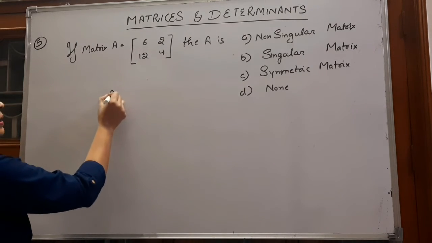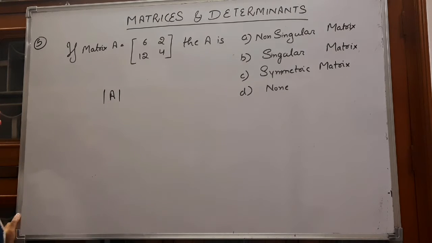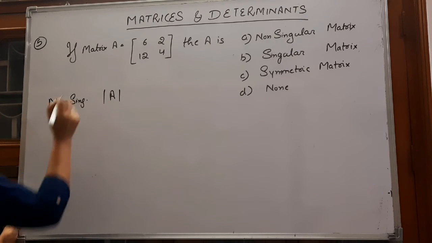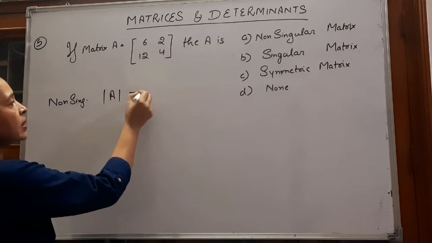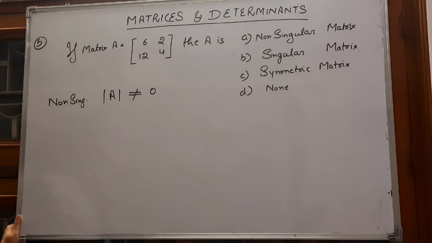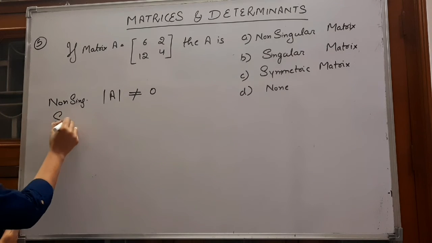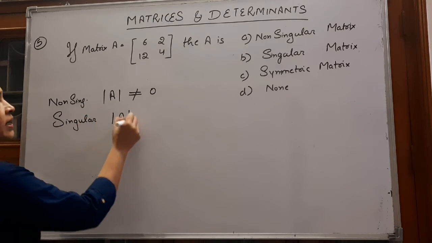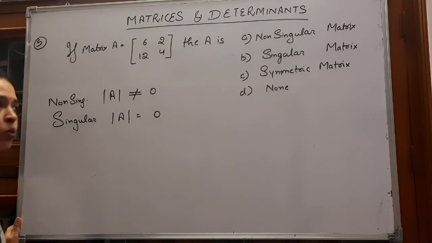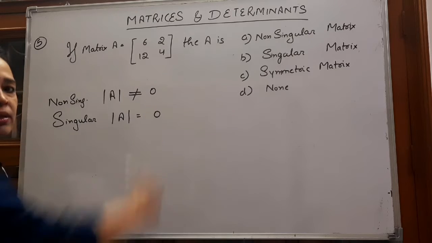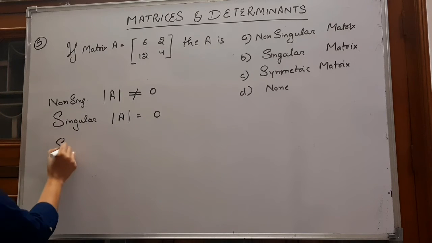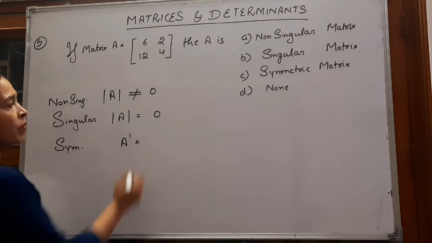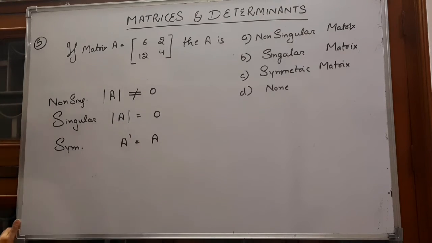A matrix is called a non-singular matrix if the determinant of A is not equal to 0, and a matrix is called a singular matrix if the determinant of A is 0. What about symmetric? A matrix is a symmetric matrix if transpose of A is A.